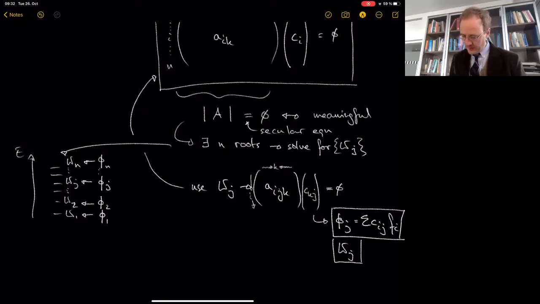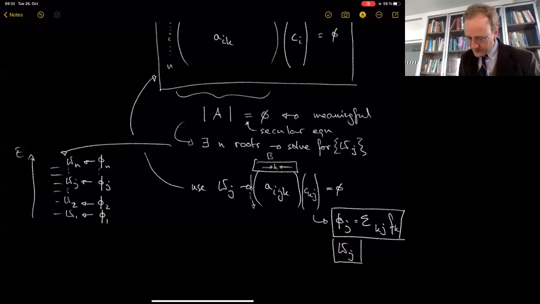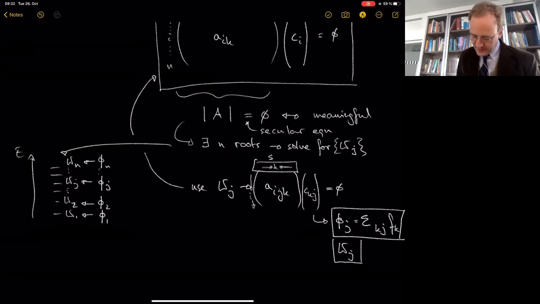C_kj, and here we use k above, so I'd like to stick to that. So the k dimension is your basis set expansion, or your series expansion.